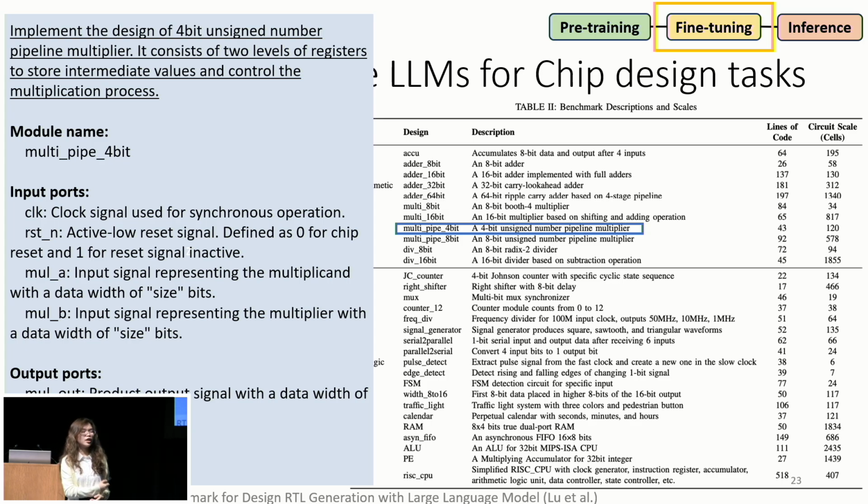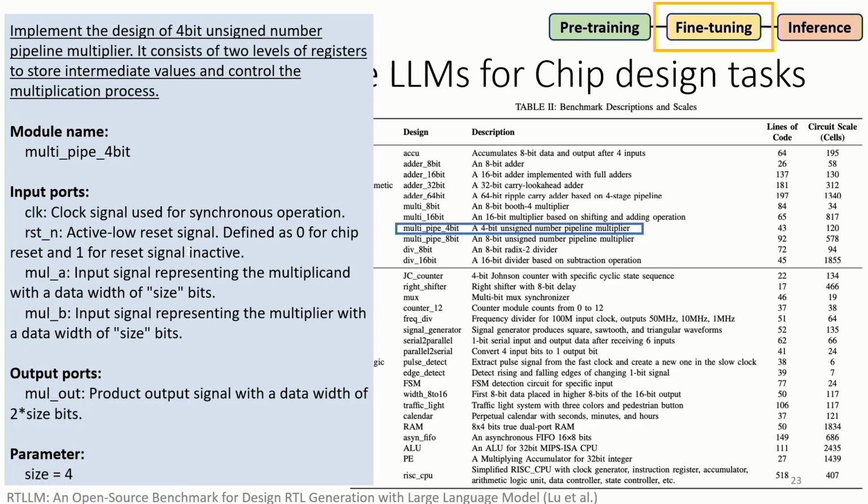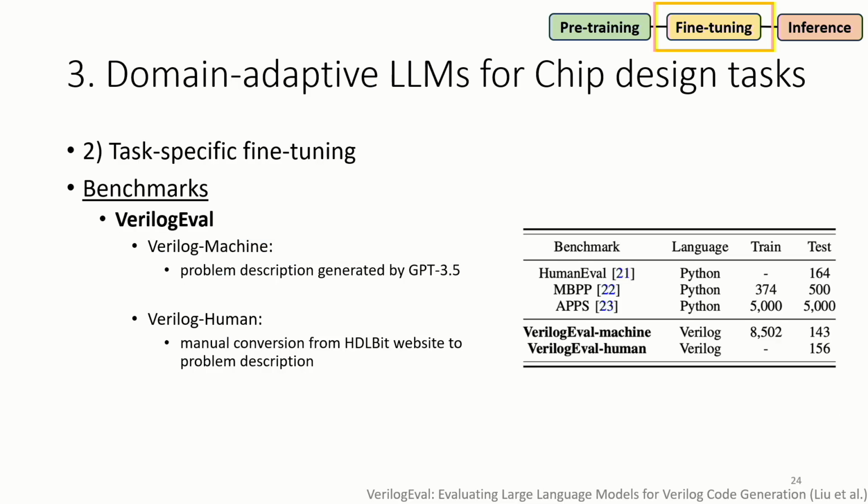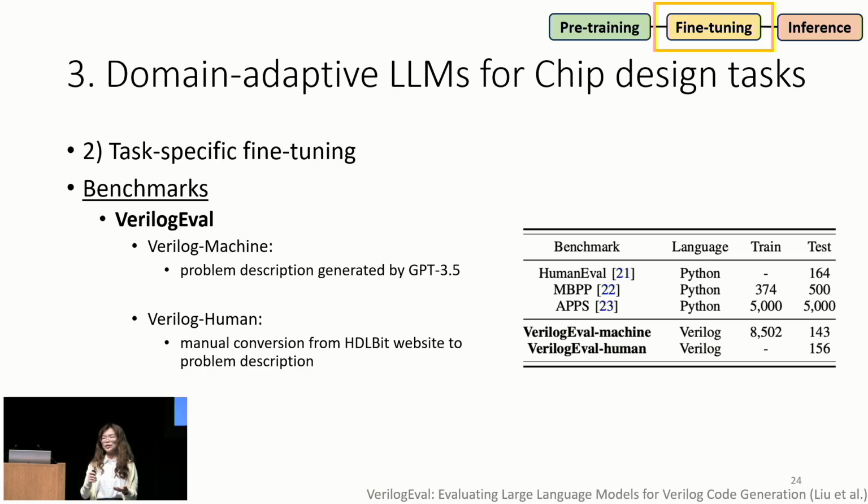It is actually generated by ChatGPT, and you also need to filter or select the valid descriptions for the tasks. For Verilog-Human, the human designers write their own descriptions based on the tasks.